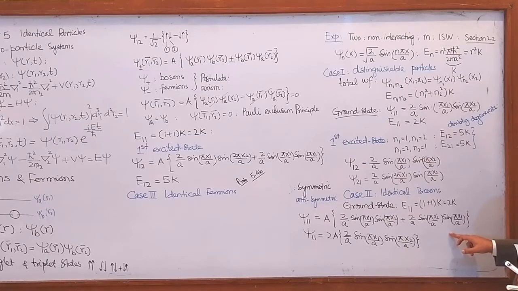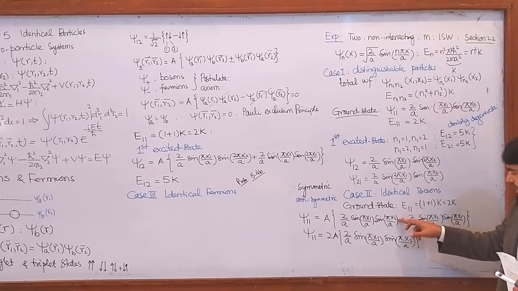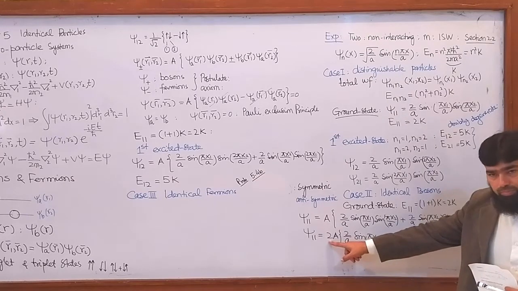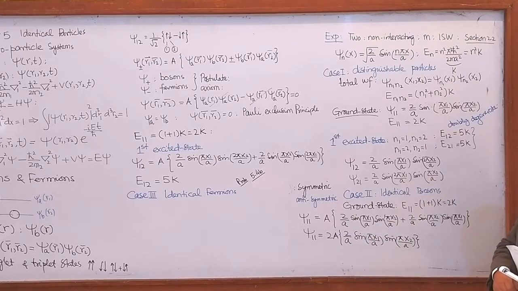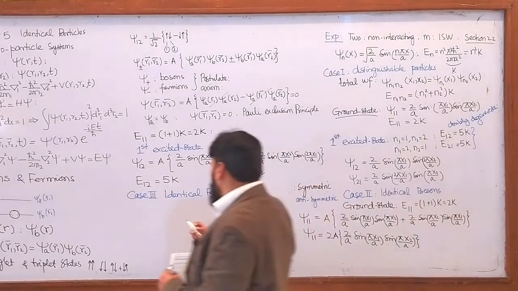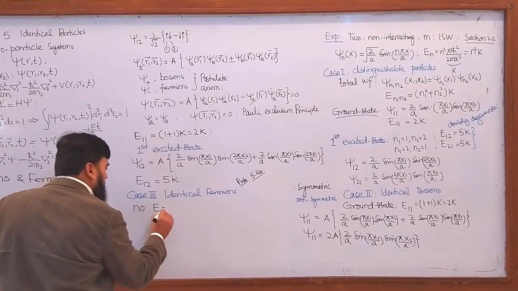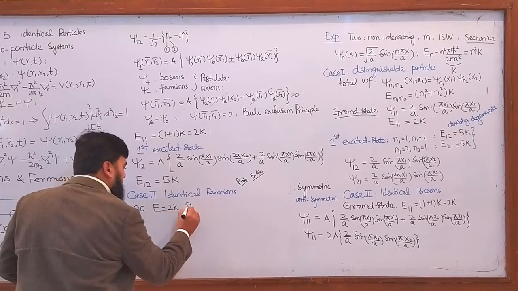But the only difference for the fermions is that this sign is minus here. So when this sign becomes minus there, then this and this are cancelled. It is not adding up. Clear? So what will happen? There is no E equals 2k state possible.